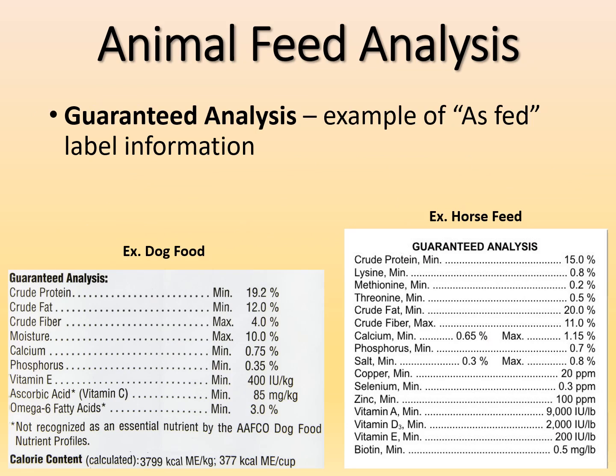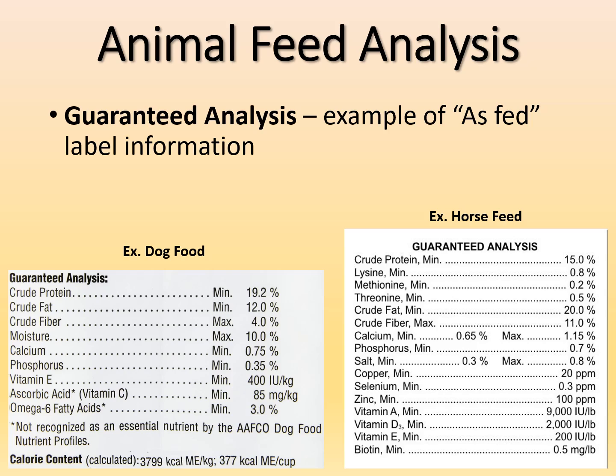So now there's another term called a guaranteed analysis. We just talked about the approximate analysis, and that's the process of how you analyze what is in a feed, and it gives you a percent of the different nutrients in the feed. A guaranteed analysis is an example of an as-fed food label of information.